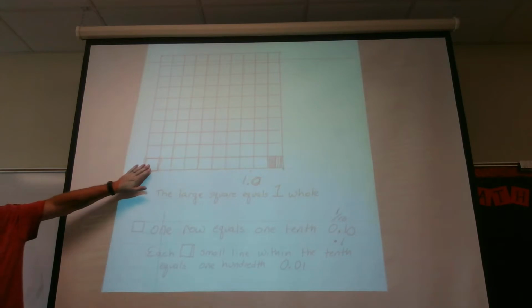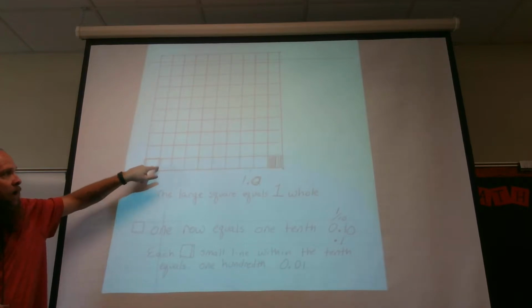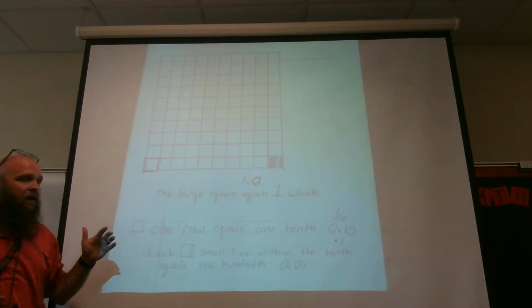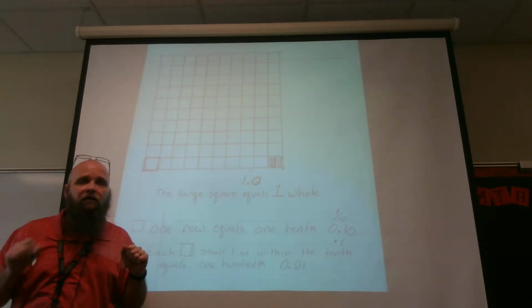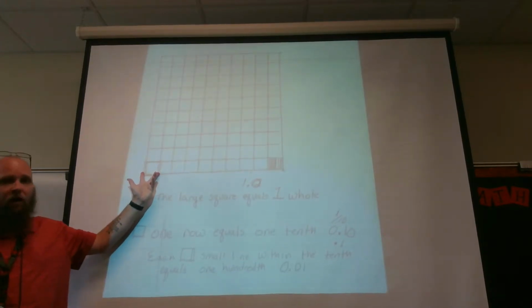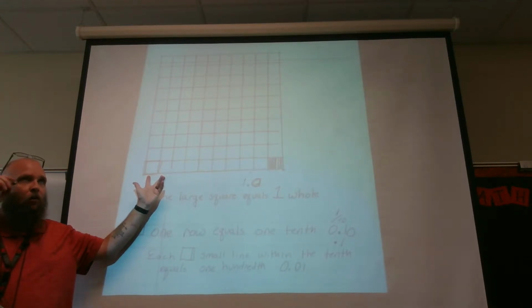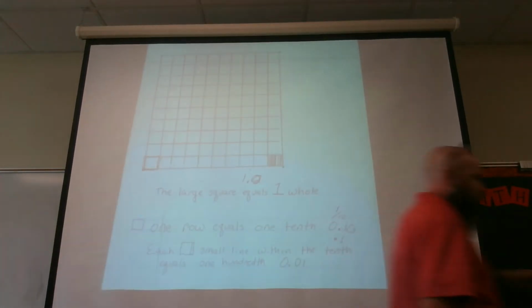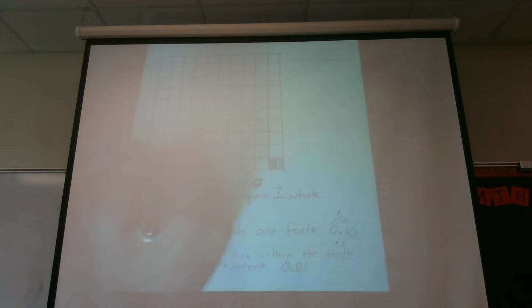Good, because it takes 100 of these to make a whole. So this little one here is 1/10, written as 0.1 or the fraction 1 over 10. This one's 100th, 1 over 100, or 0.01. I may have misspoken when I said that, so if you're watching the video later, please forgive me. So 1 square like this equals 100th.